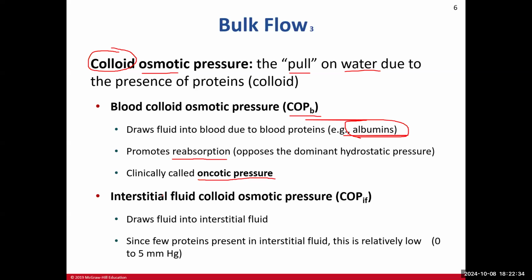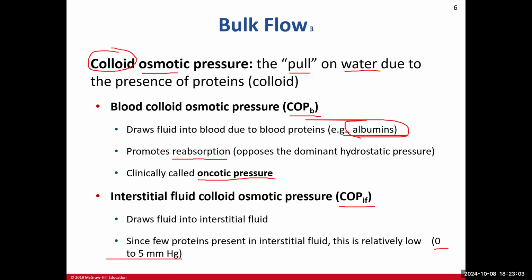All right, so interstitial fluid colloid osmotic pressure. It's a handful of words. COP subscript IF. This is what influences the movement of water in the interstitial fluid. Again, we're dealing with a situation in which we have a very low pressure out in the interstitial fluid, because technically you should not have any proteins in the interstitial fluid.